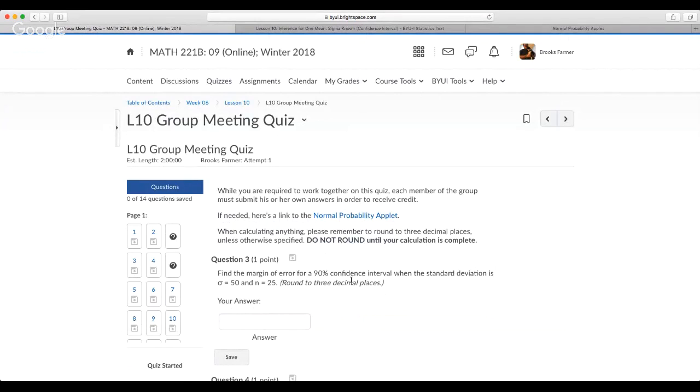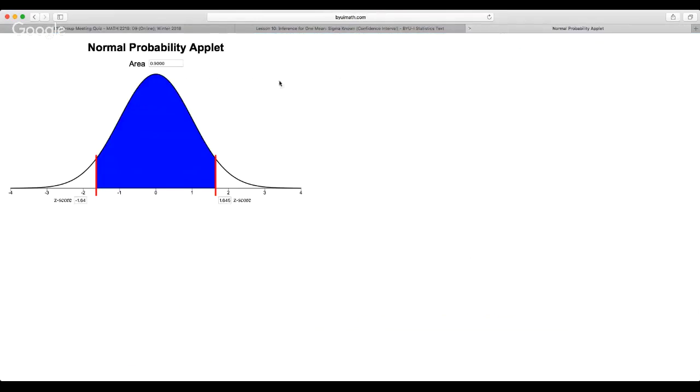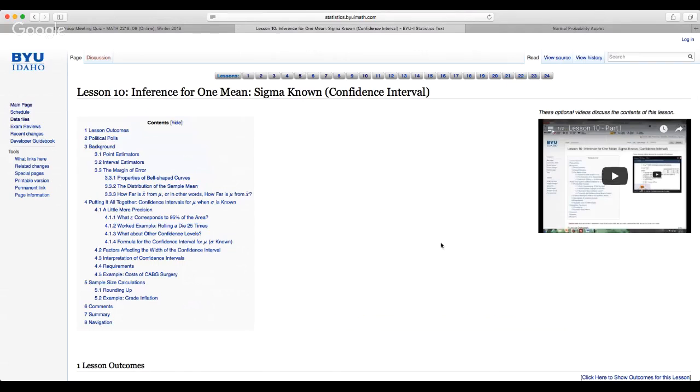So number 3 computed, and then we'll talk about it. 90% is 1.645.